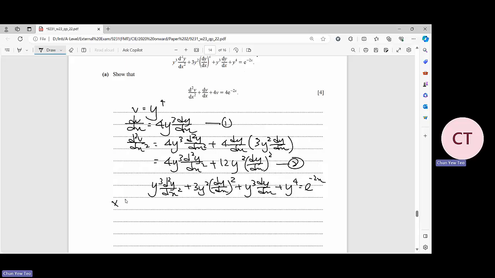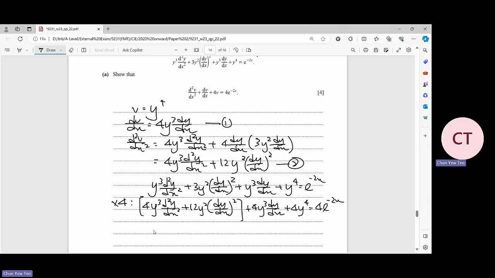I multiply everything by 4, then I get 4y cubed d square y dx squared plus 12y squared dy dx squared. This one I group together, plus the 4y cubed dy dx plus the 4y power 4 equal to the 4e power negative 2x.